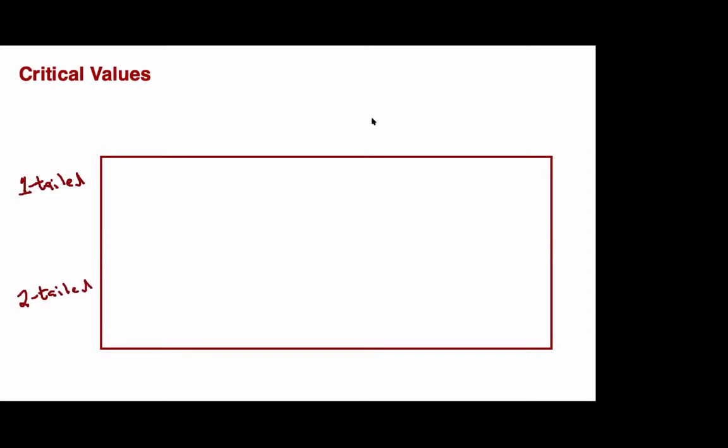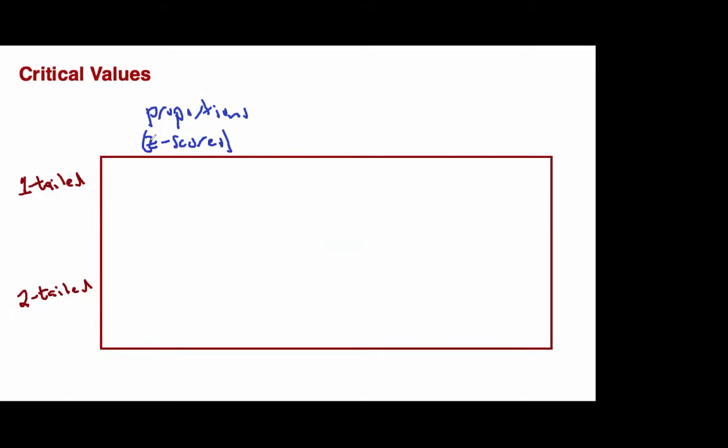So let's do the formulas for when we're talking about proportions. Generally when we're talking about proportions, we're really talking about z-scores. So anytime we're talking about z-scores, that suggests we're going to use the normal distribution.